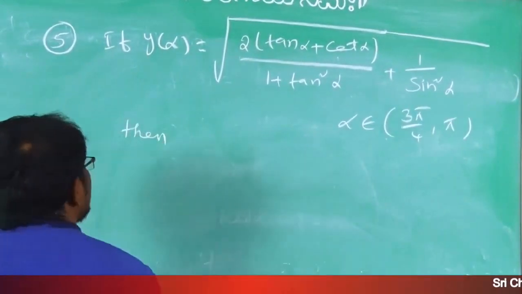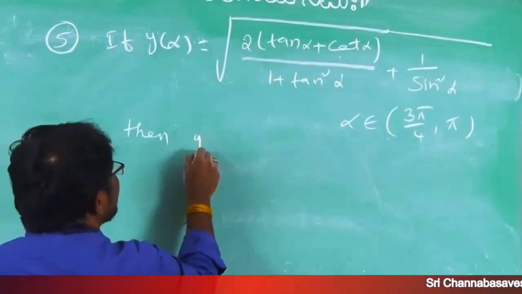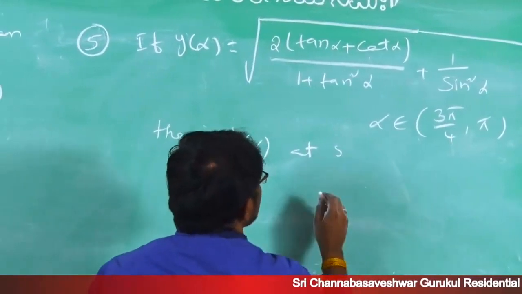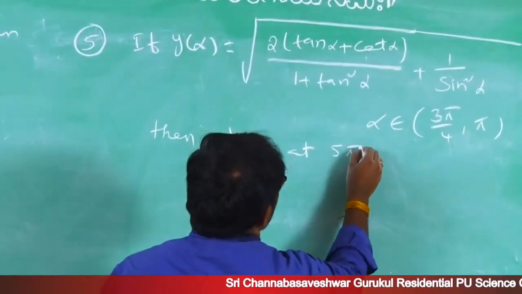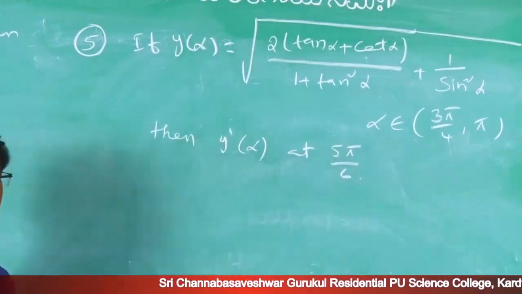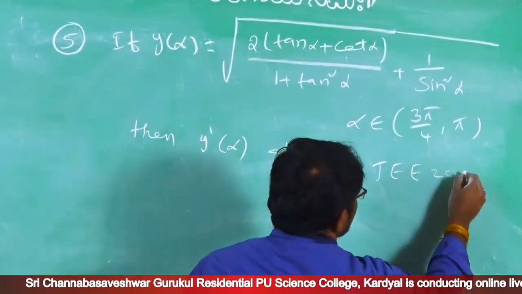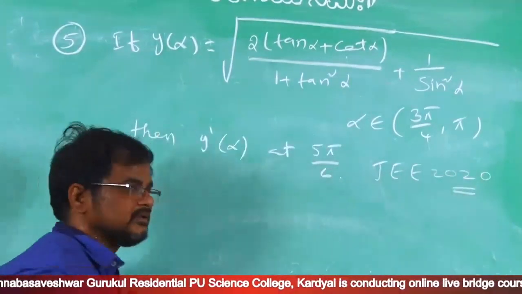Then find y dash of alpha at alpha equal to 5 pi by 6. This problem was given in JEE January 2020.